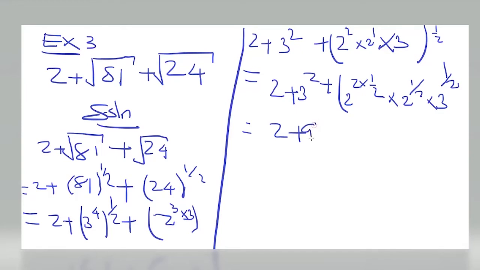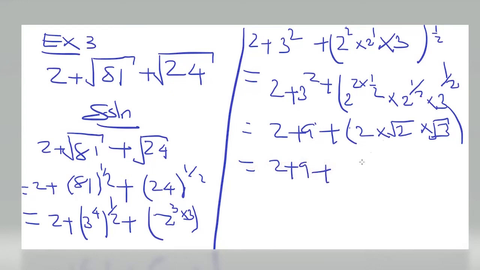Yes, exactly. Plus, the 2 and the half will cancel. Therefore I'm going to have 2 times 2 power half, then times 3 power half. Now this one will be equal to 2 plus 9 plus.